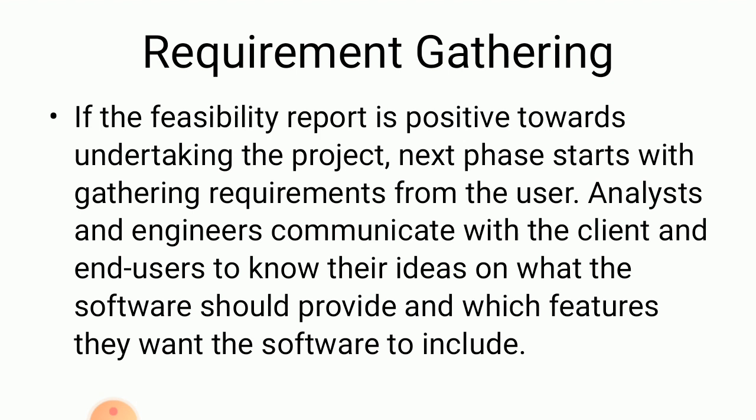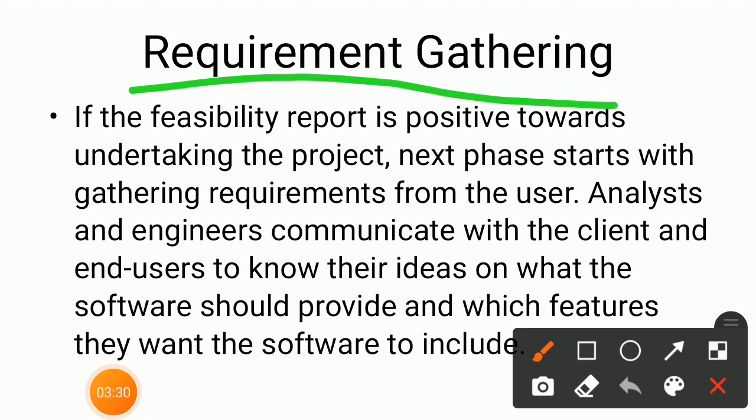Now, second step. Once the feasibility study is done and it is confirmed that the project is viable and feasible in terms of implementation cost and the profitability of the project, then the second stage starts, that is requirement gathering.